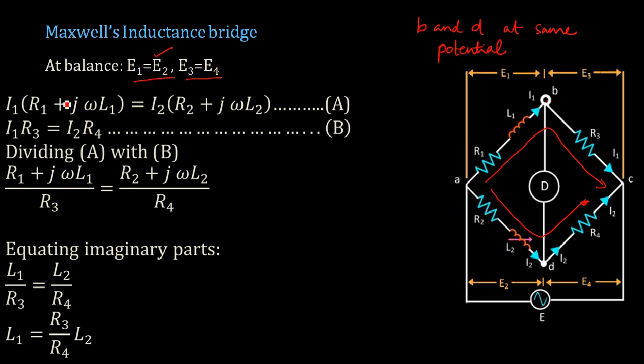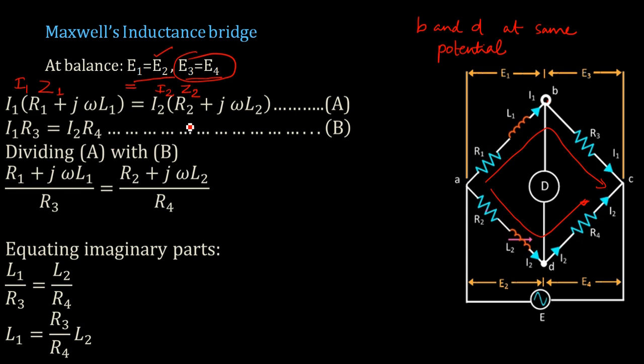Or I1 into Z1, equal to I2 into Z2. And from this condition E3 equal to E4, we get I1 R3 is equal to I2 R4. I1 into R3 equal to I2 into R4.